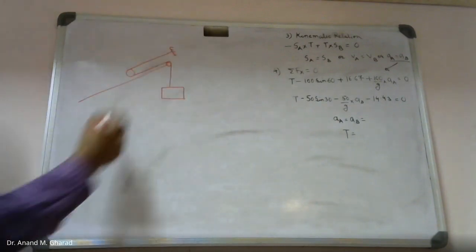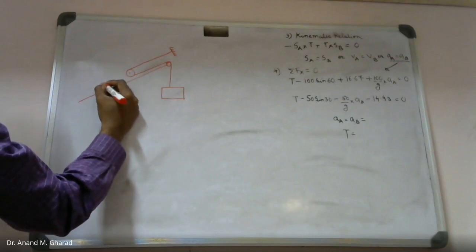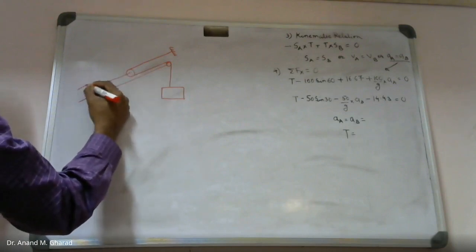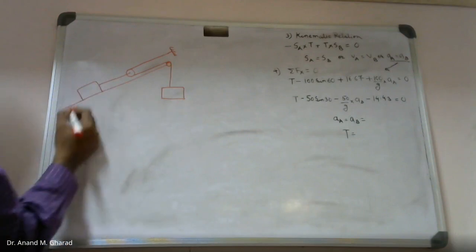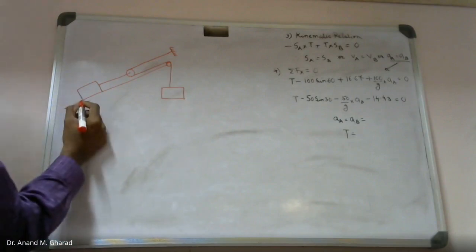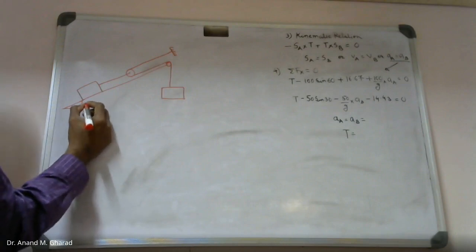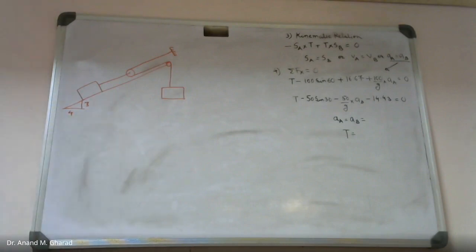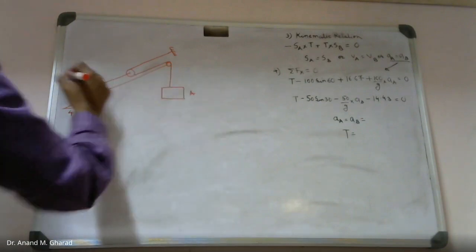Okay? And over here at the center, one block is attached. The slope is given. This is block A, block B.